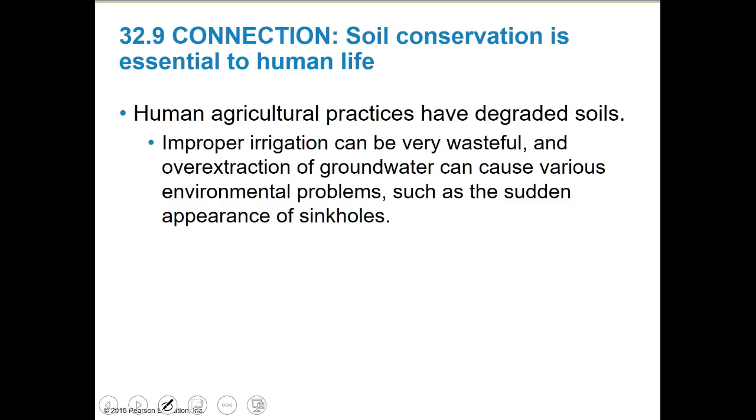Okay, human agricultural practices have actually degraded soils. With improper irrigation, it's really wasteful, and we've over-extracted groundwater and certain nutrients. Back in the day, they used crop rotation, where they would put the minerals back in certain ways. Some Native Americans had it a little bit more figured out with rotating crops.